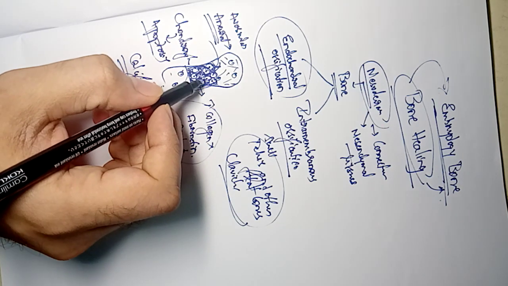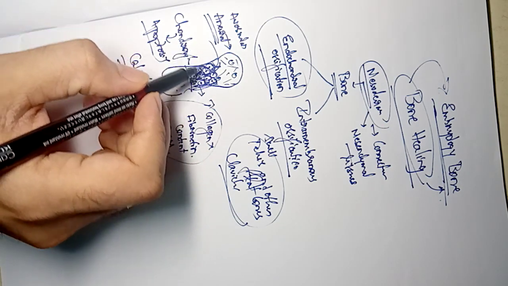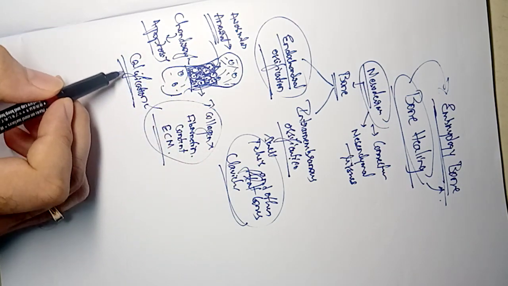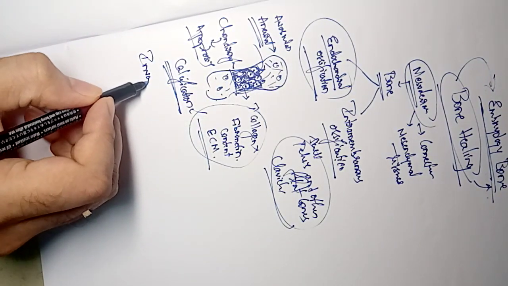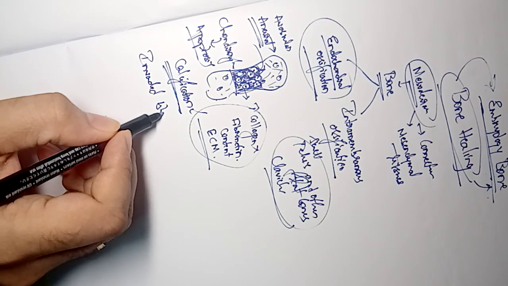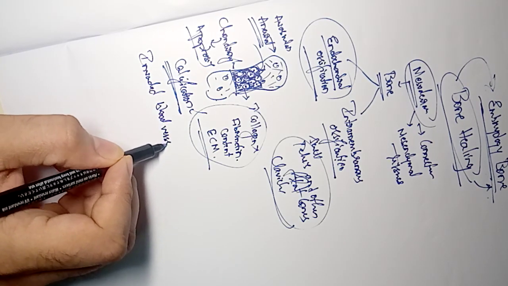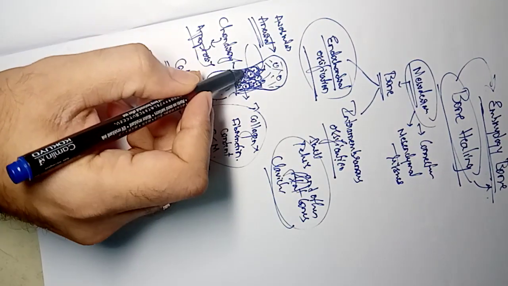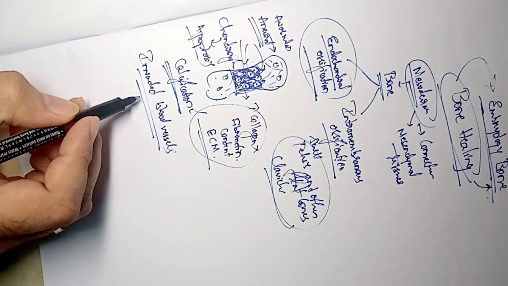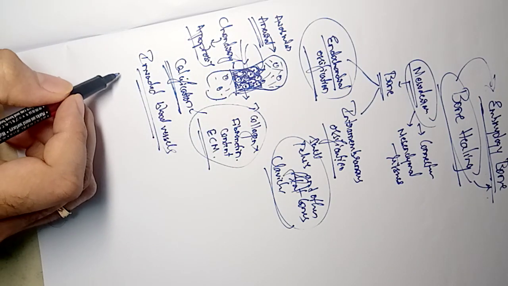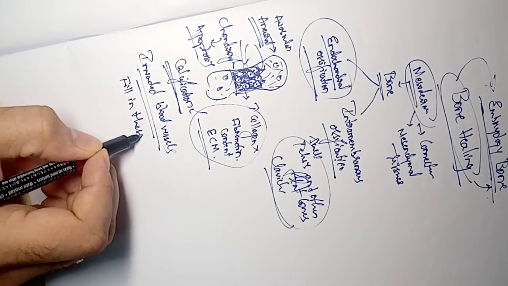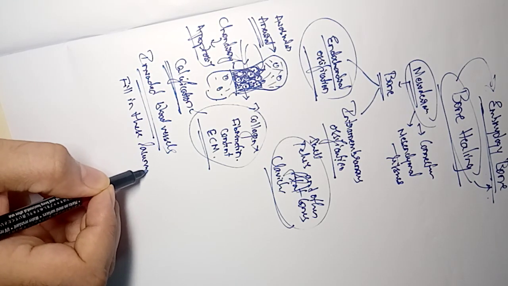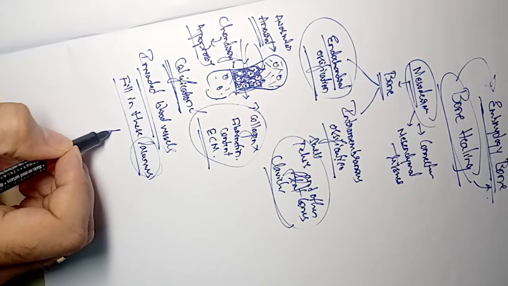So now it is no more a cartilaginous tissue, so this is invaded by the blood vessels around, and these blood vessels fill in these lacunae, and the lacunae will also increase.